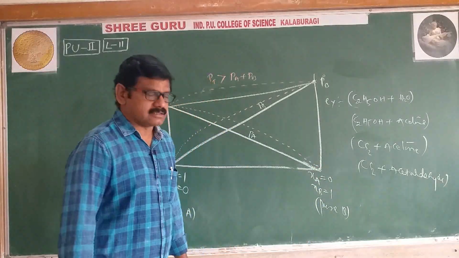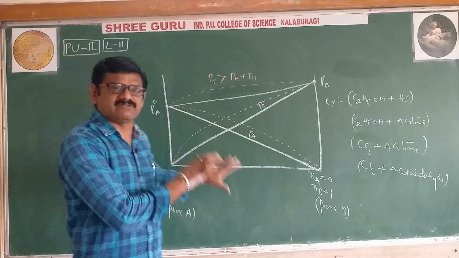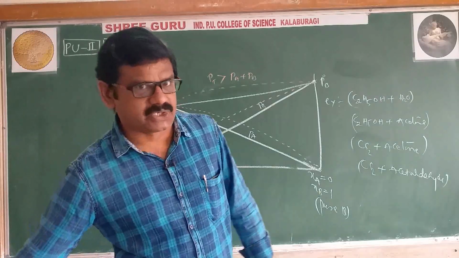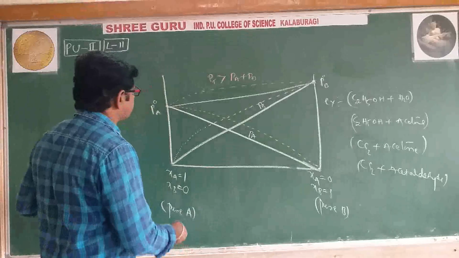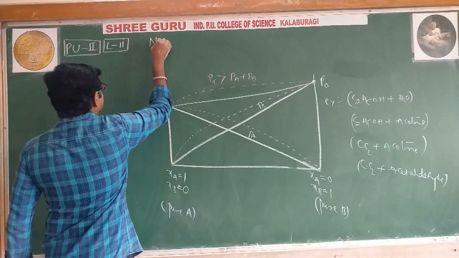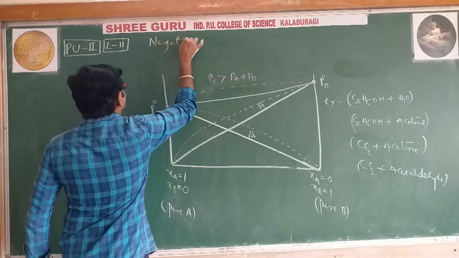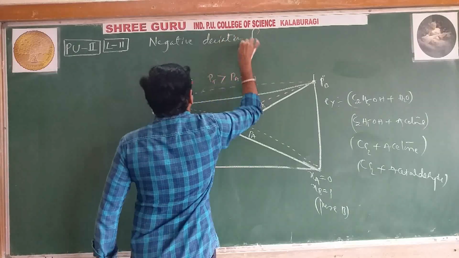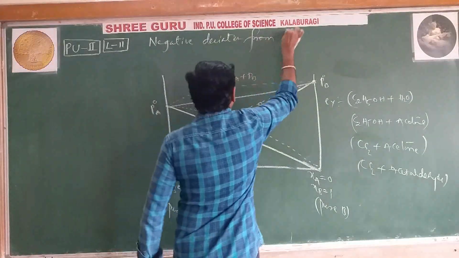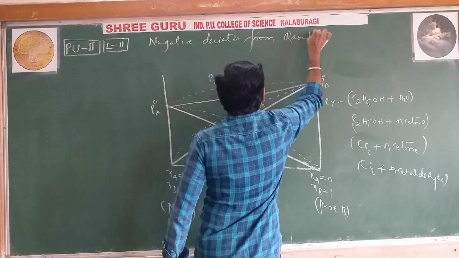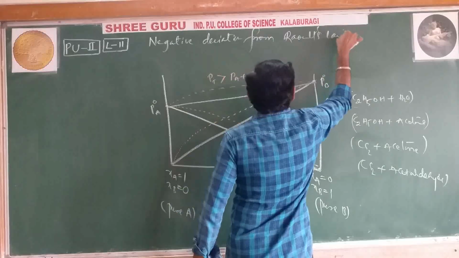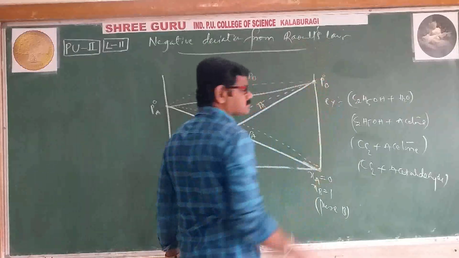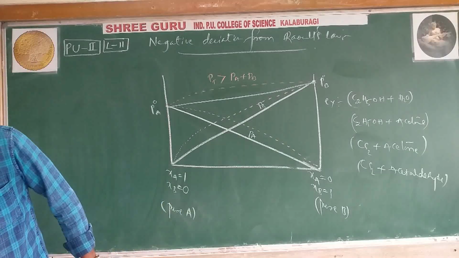Right. After completion of positive deviation, we will enter into negative deviation from Raoult's law. What is negative deviation? How to explain?